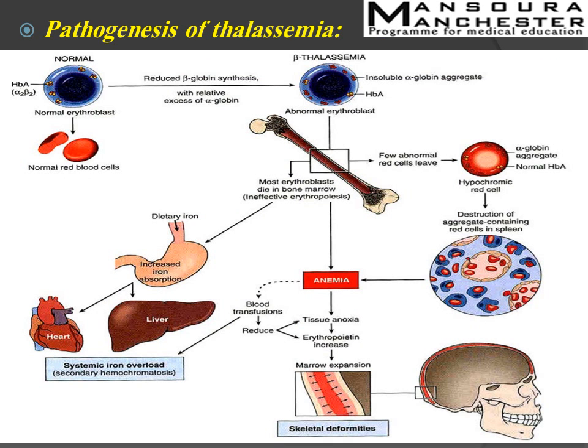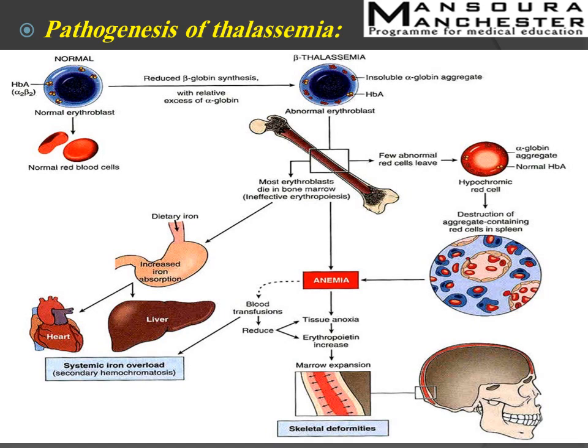We have thalassemia. We have two types of thalassemia according to the type. Alpha thalassemia is due to deficiency of the alpha globin chain, and beta thalassemia is due to a defect in the beta chain, and this is usually due to gene mutation. In beta thalassemia, which is more common than alpha thalassemia, there is reduced beta globin synthesis. This results in excess release of the alpha globin chain.